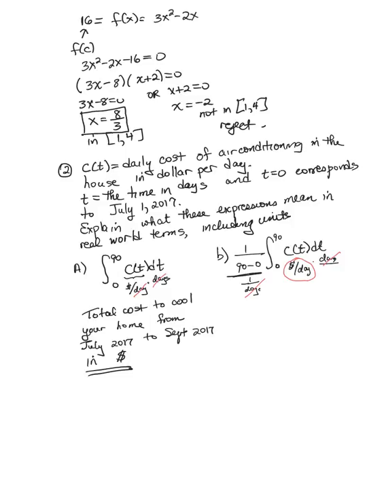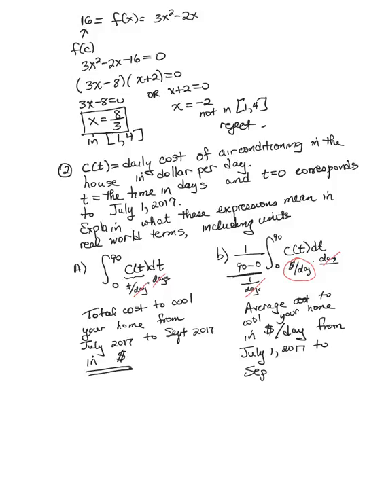All right, so this represents the average cost to cool your home in dollars per day from July 1st, 2017 to September 2017, because from July to September, in both cases, that's 3 months from then.